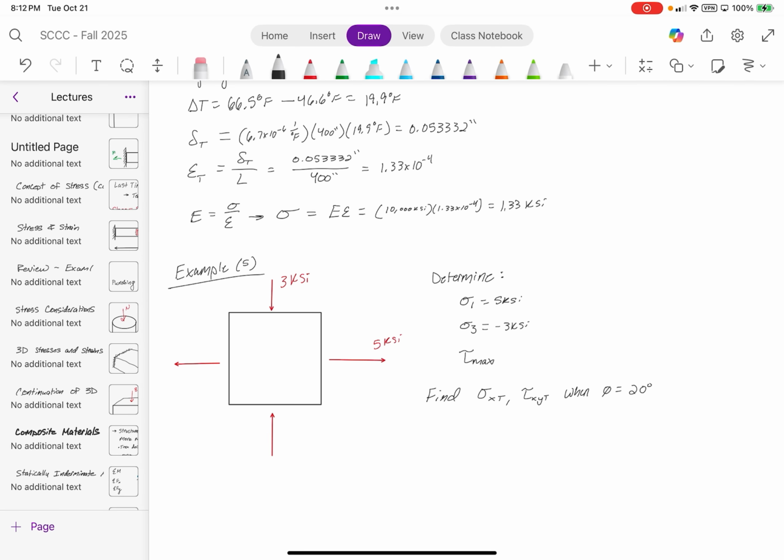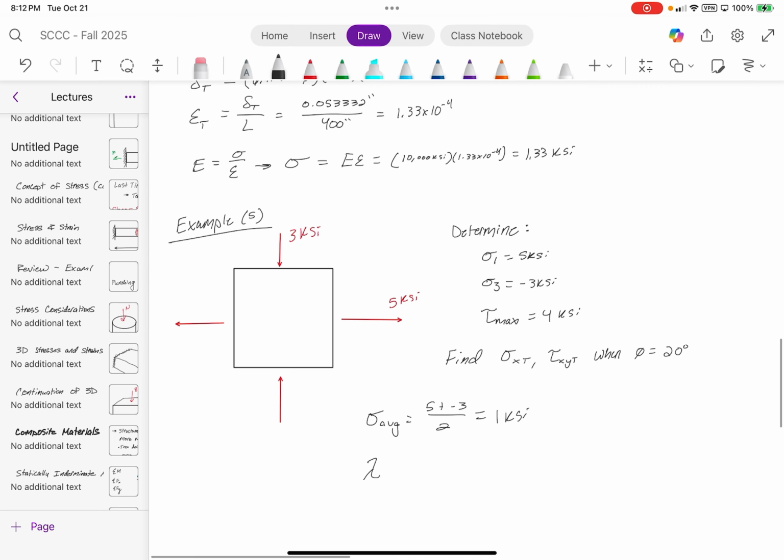What about tau max, though? 4 ksi. You got 4 ksi for it? Makes sense. You could have done that through sigma average, which would be 5 plus negative 3 divided by 2, which is 1 ksi. Then 5 minus 1 equals 4, or 1 minus negative 3 equals 4.